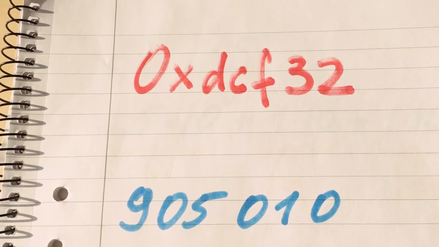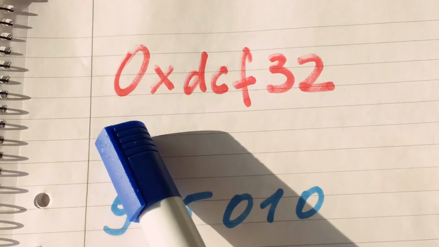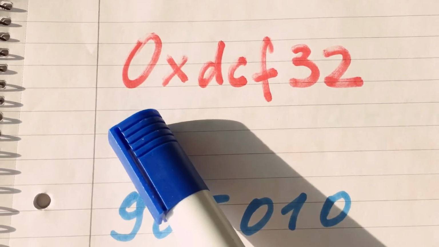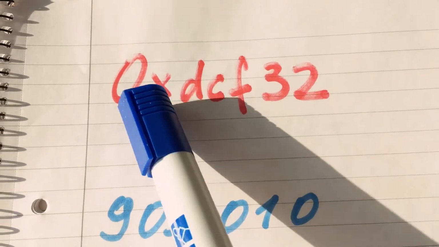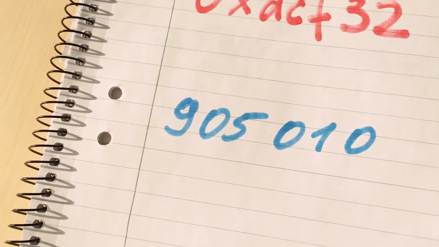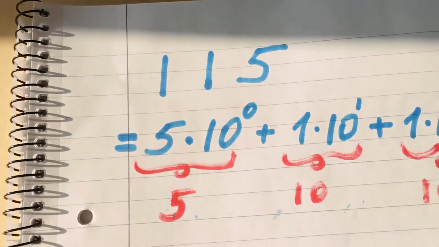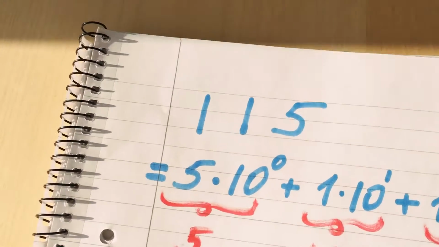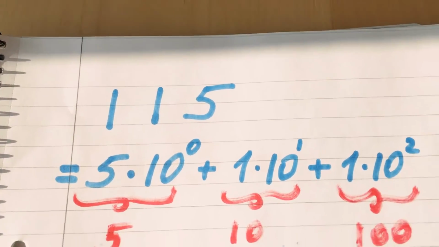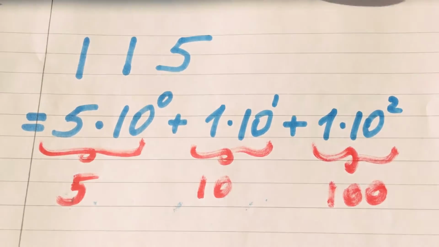So let's look at some examples of how you actually convert a number like this to a normal number, meaning how you would convert a hash from this representation to this. Let's look at a simple example. Let's think about the number 115, guys, in base 10.